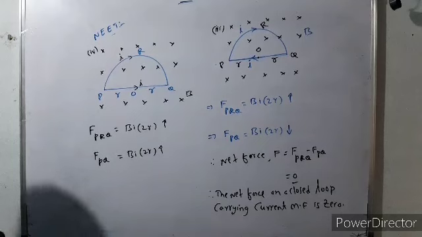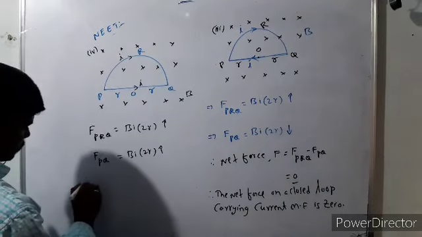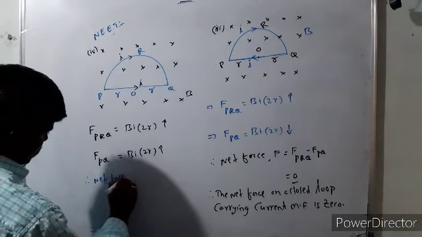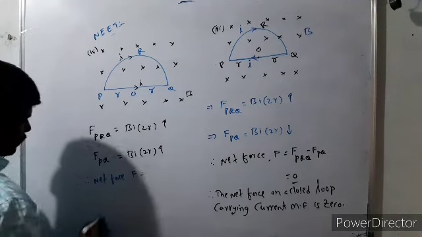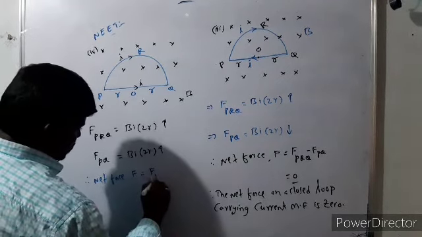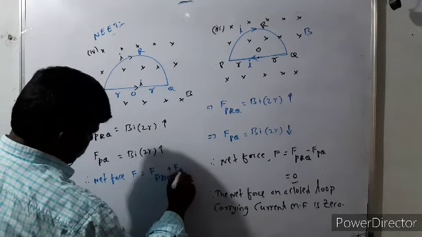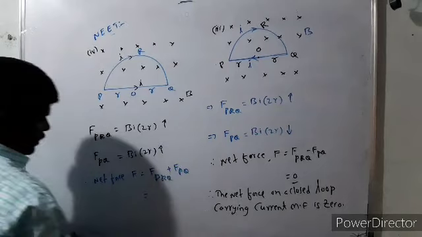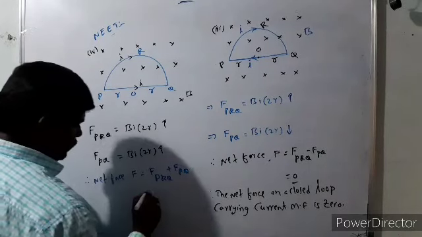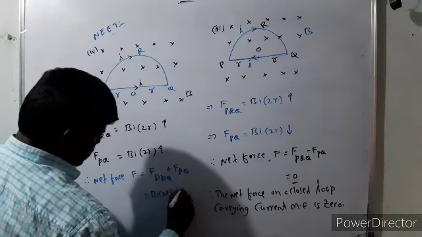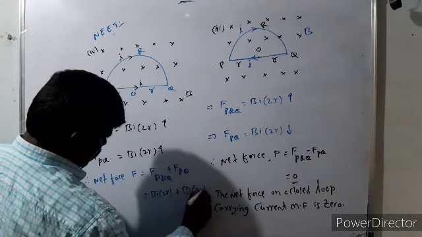Now the net force F. These two forces are in the same direction, that's why I am adding directly. F is equal to F_PRQ plus F_PQ, which is BI into 2R plus BI into 2R.